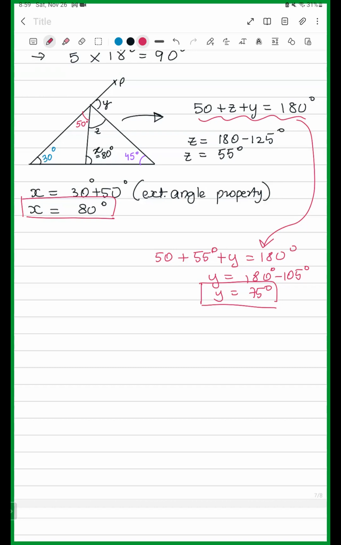Congruence of triangles. Okay, fine. So we will also be starting that. I think they started, but I'm not sure. Tomorrow I'm going to school, so I will ask them. Okay.